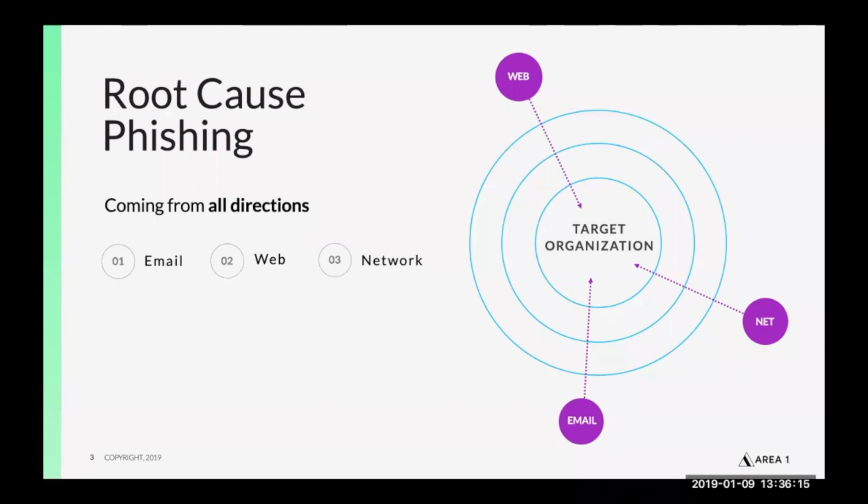So when you look at things from a holistic perspective, phish in 2019, they're coming from all directions. Whether it's going to be coming in through email, like you just saw with that Netflix example, that makes up about 75 to 85% of all attacks. There's also an emerging vector, which is web.